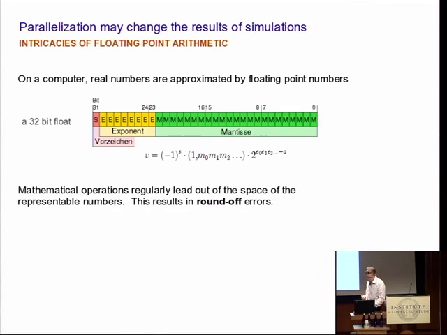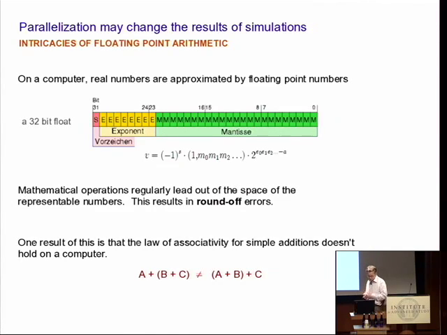But the machine epsilon, that's what we all know about. One other side effect of these operations is, for example, that certain mathematical laws that we take for granted don't hold any more in this space of floating point math. For example, the law of associativity for additions does not hold anymore. It holds only approximately.